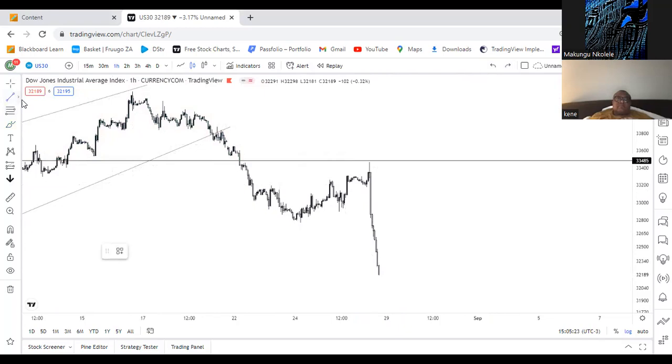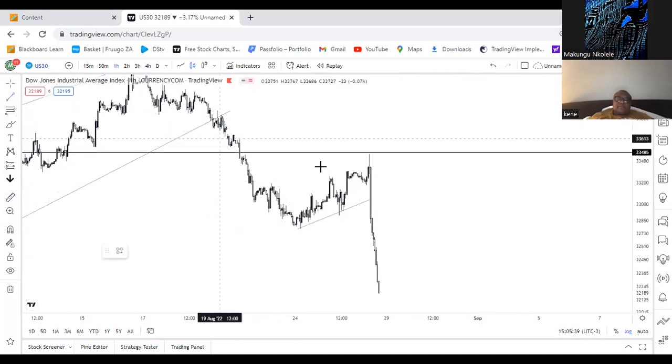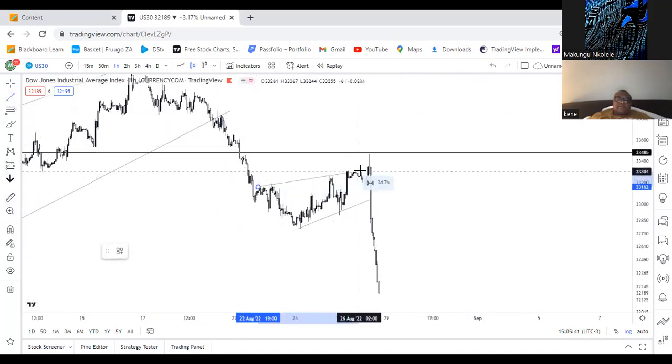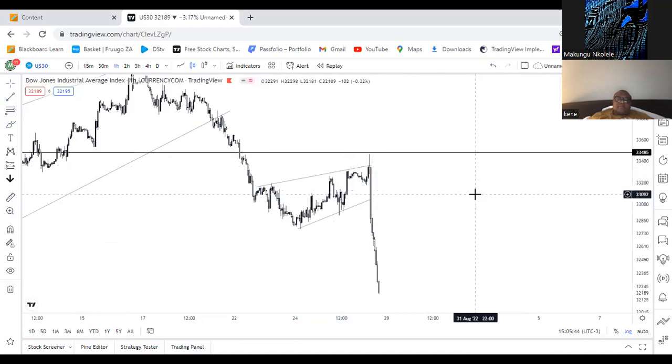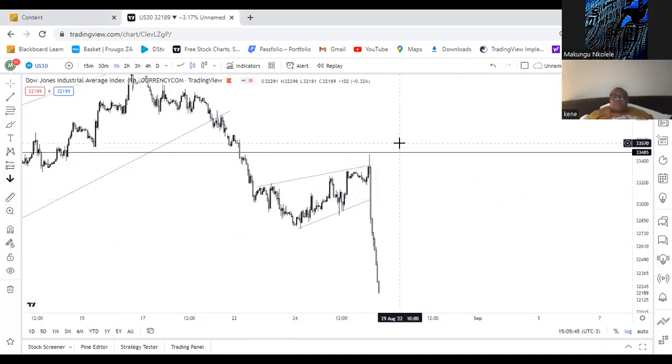So now we need to structure our correction level. I'm gonna start off with the support of the correction. Okay. And now we have our resistance of the correction. Okay.